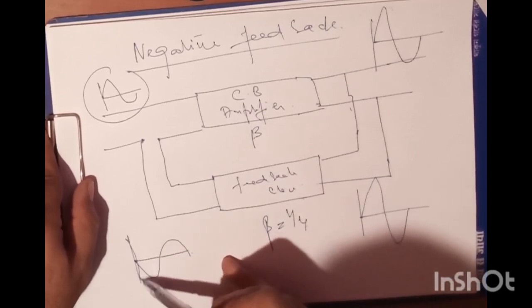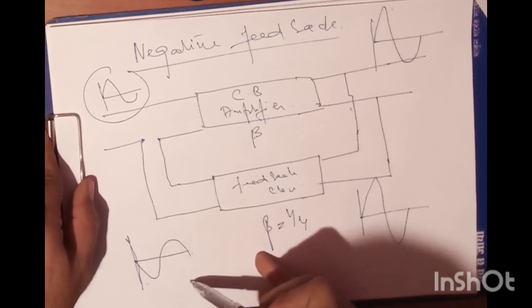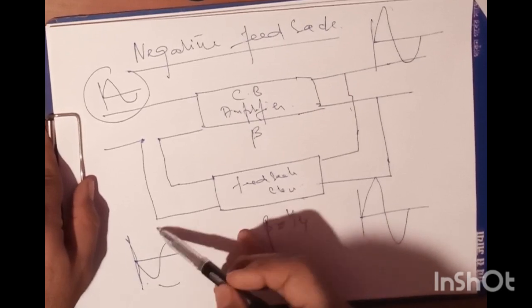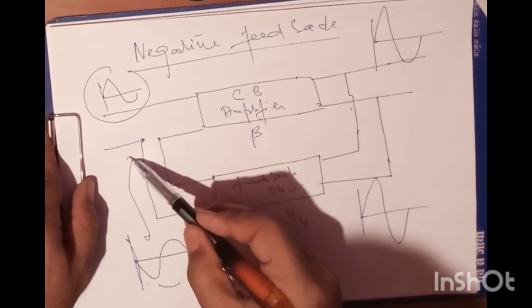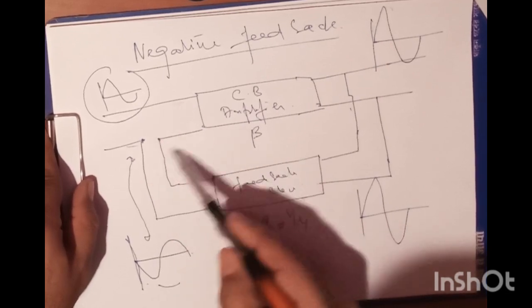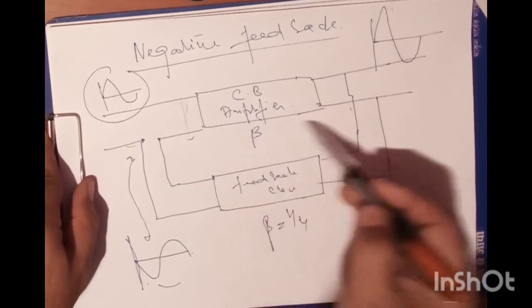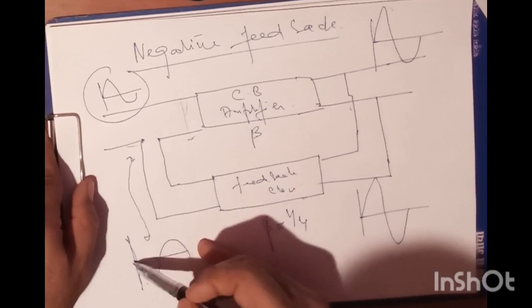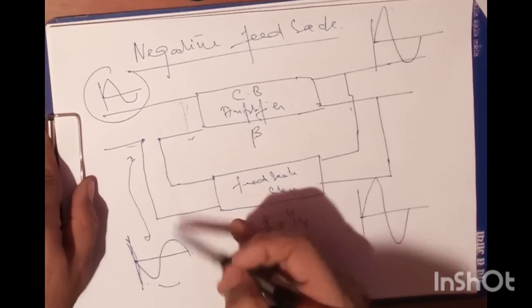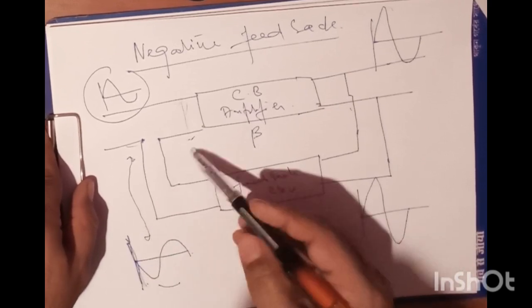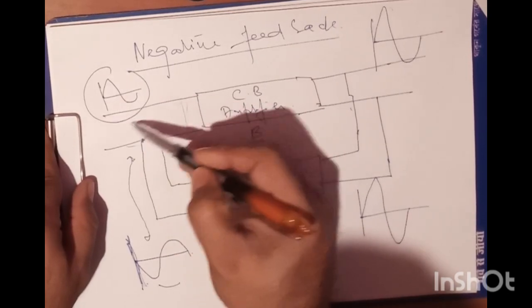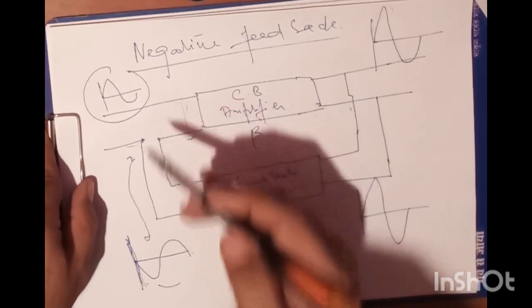So when this signal superimposes back on the signal that we have been introducing at the input of this circuit, it is certainly going to decrease the magnitude of the input signal.